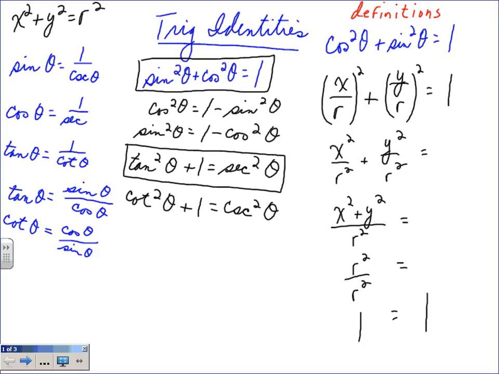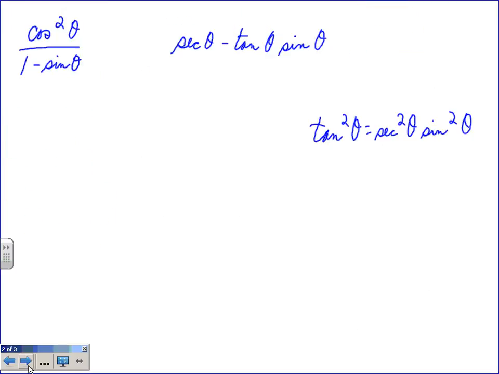Okay? So let me show you how we're going to use these. This is an example, this first problem here, cosine squared theta over 1 minus sine theta.